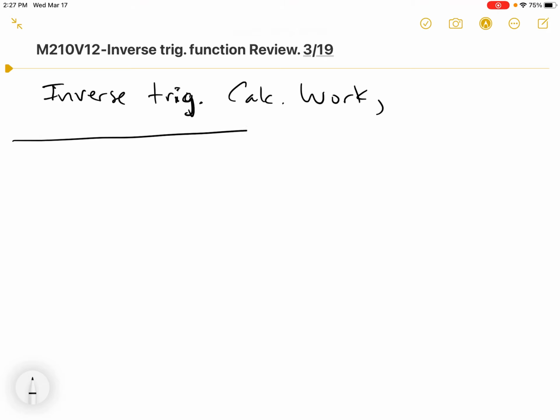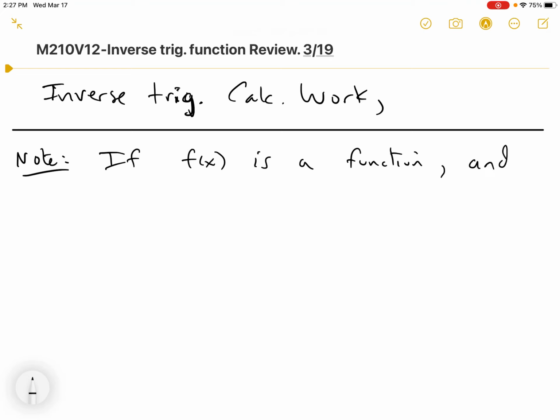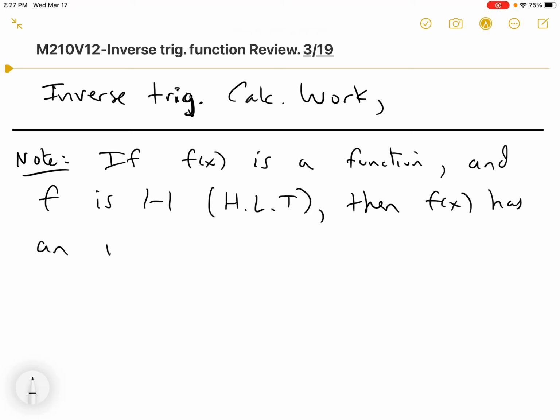Okay, so first of all, let's note that if f of x is a function and f is 1 to 1, in other words, it passes the horizontal line test, then f has an inverse function, f inverse of x.